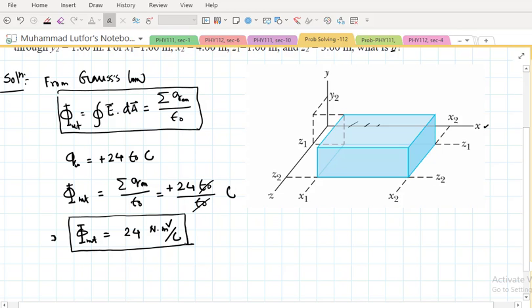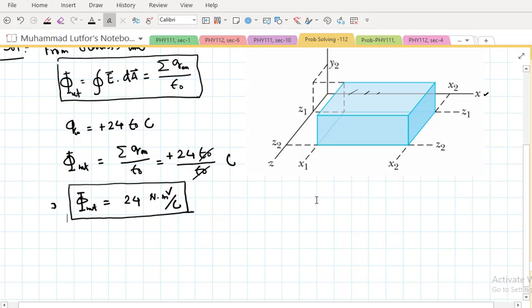Fine. Now how am I going to find this net flux through the Gaussian surface? This net flux would be the sum of the fluxes of the individual surfaces.